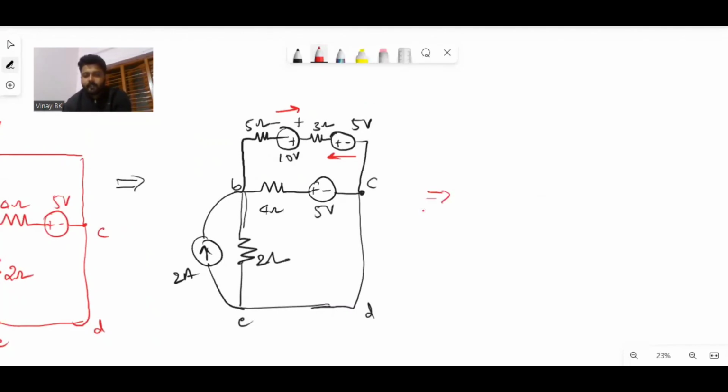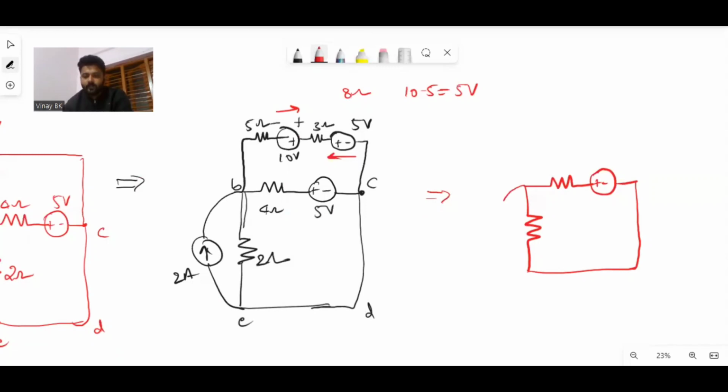I'll rewrite again now. You get 5 plus 3, 8 ohm, 10 minus 5, 5 volts. So first I will write the rest of the branches, 4 ohm and 5 volts plus minus. Then there will be a 2 ohm resistor. I'll make a closed loop along with the current source of upper direction of 2 amperes, 2 ohm, 4 ohm, 5 volts.